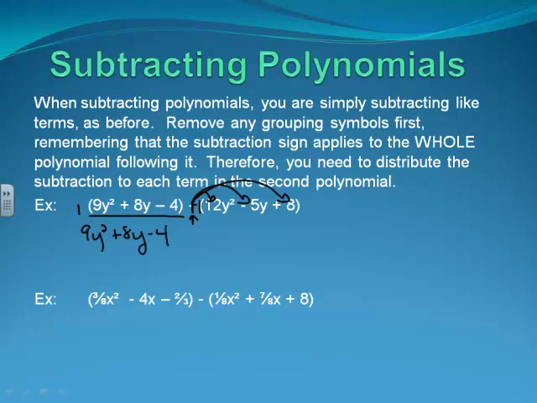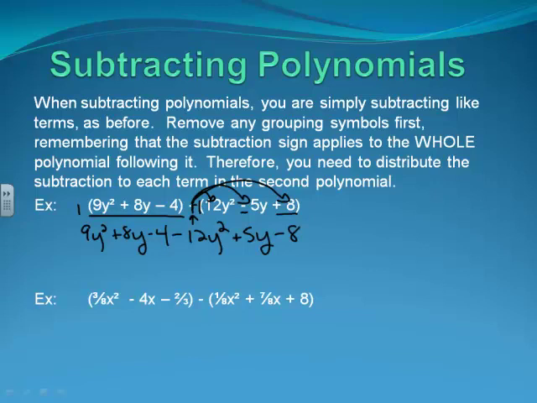But the second group, which is going to have a subtraction in front of it, everything's going to change sign if you apply that subtraction sign to each of those. So that 12y squared becomes a minus 12y squared. That minus 5y becomes a plus 5y, and that plus 8 becomes a minus 8.